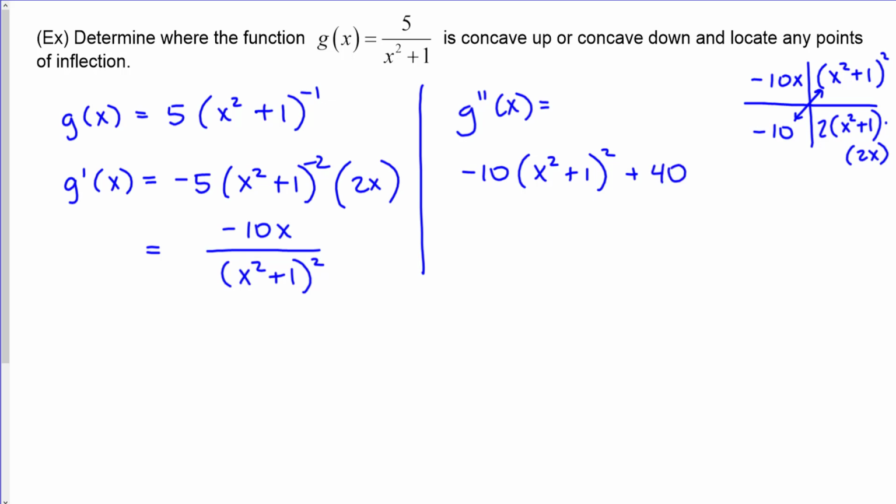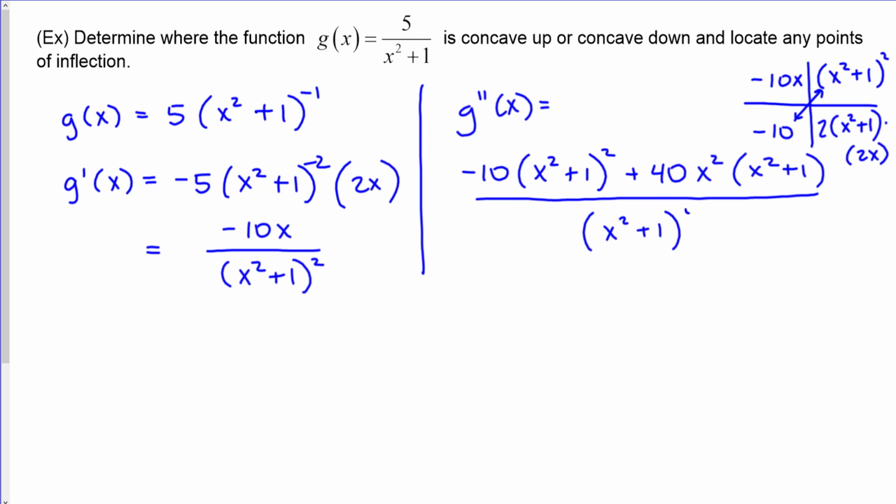I have two x's in there, so 40x squared, then times x squared plus 1. So a little bit of extra work there helps me get a head start on simplifying. Then that goes over the original denominator, and that original denominator gets squared. So this becomes x squared plus 1 squared to the second power, which becomes to the fourth power.